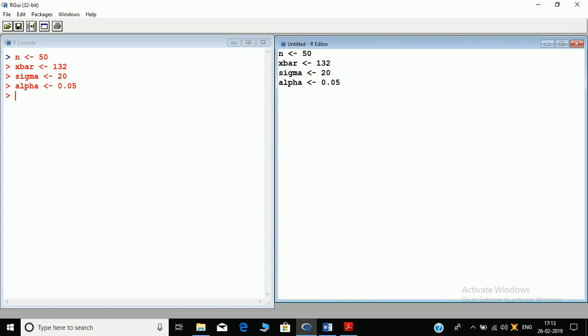Then we have to construct a confidence interval. What is a confidence interval? It is X bar plus 1.96 into sigma by root n, that is SQRT of n.